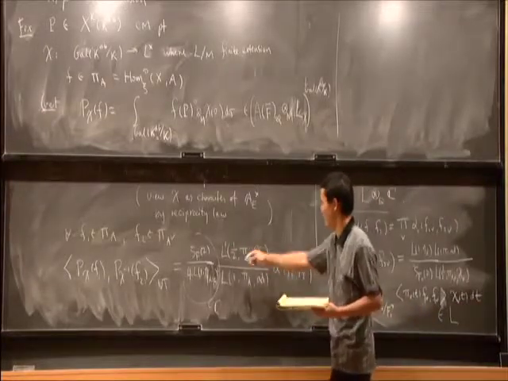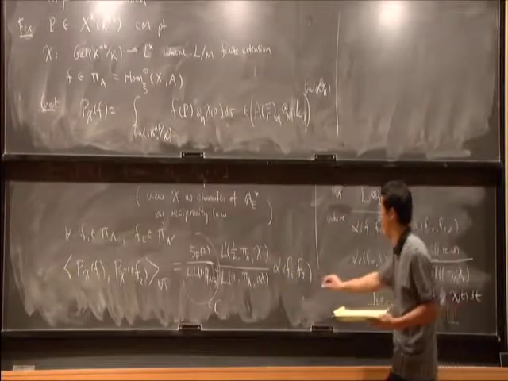And that part is vector valued. It needs both parts. That part lies in L.